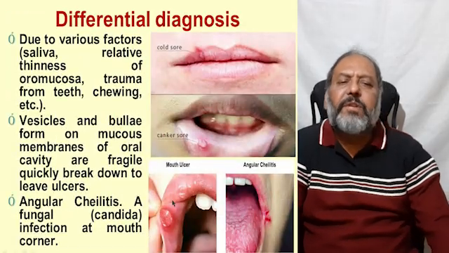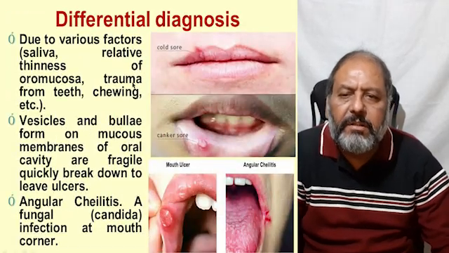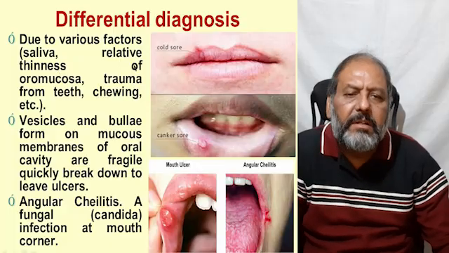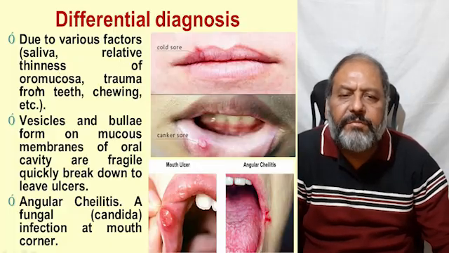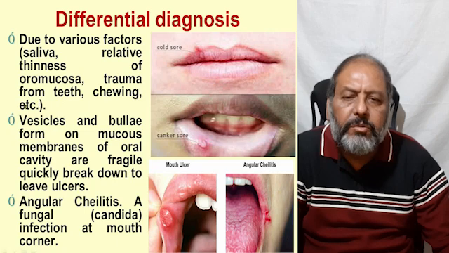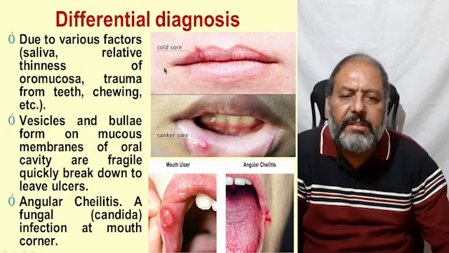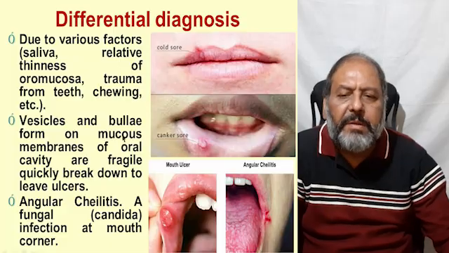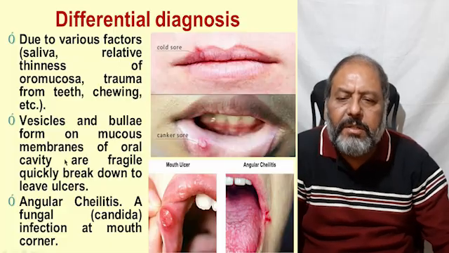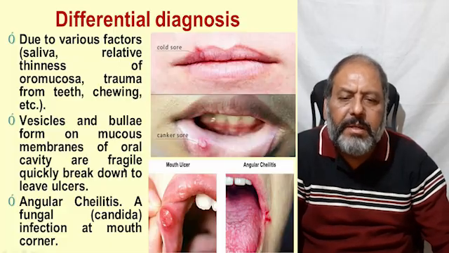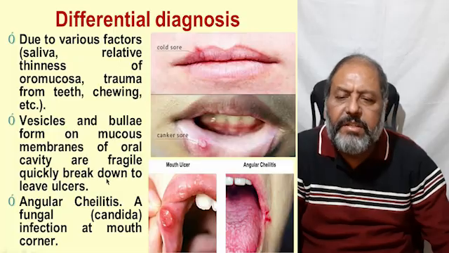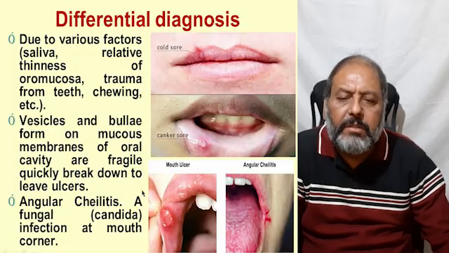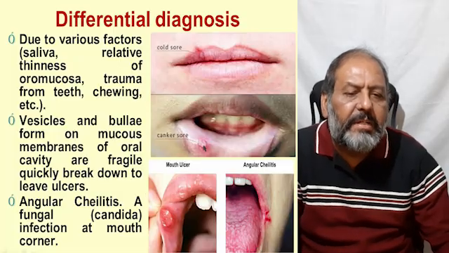Now, the differential diagnosis of mouth ulcer: due to various factors like saliva, relative thinness of the oral mucosa, trauma from teeth, chewing, etc. Cold sore because of herpes: vesicles and bullae on the mucous membrane of the oral cavity are fragile and quickly break down to leave an ulcer, as one can see.